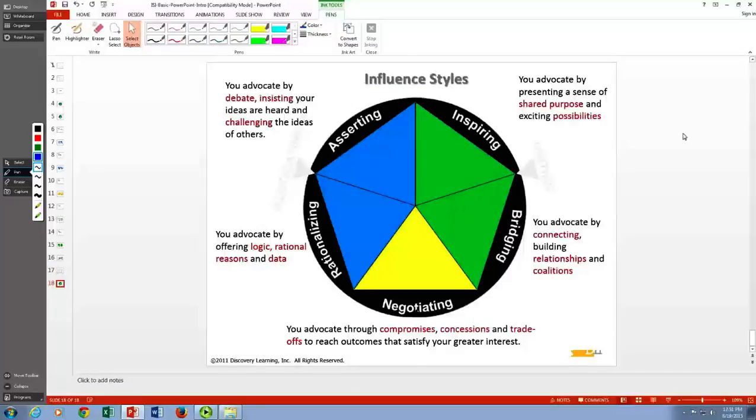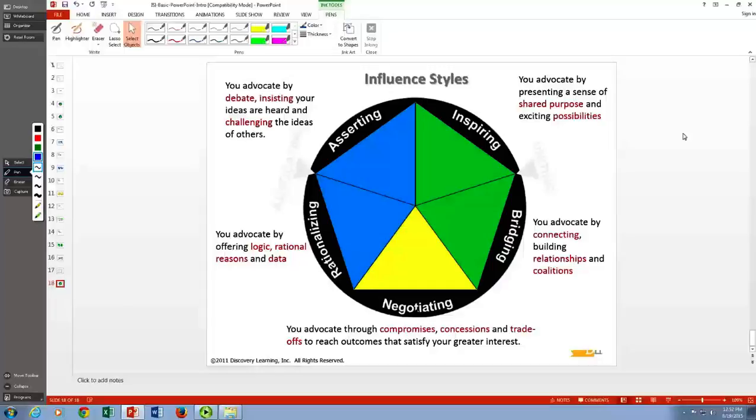So once again, in this particular model, what you'll see as you look through your results are different emphasis on a particular style. You'll have a strong preference for one style over another. Maybe you'll have a secondary preference. But you'll understand what we mean when we're talking about asserting or rationalizing, and that both of those are in the advocating orientation.